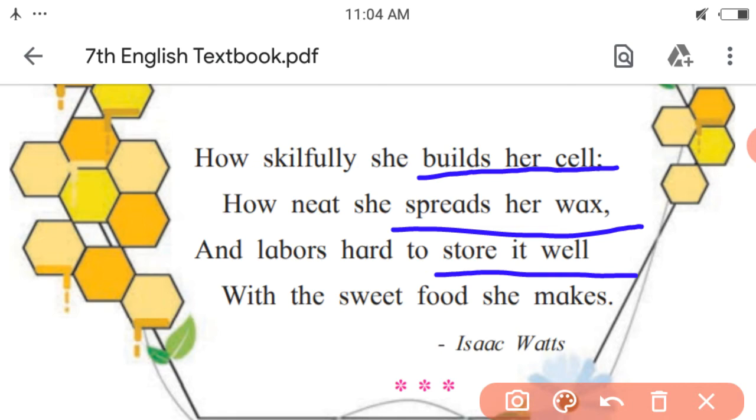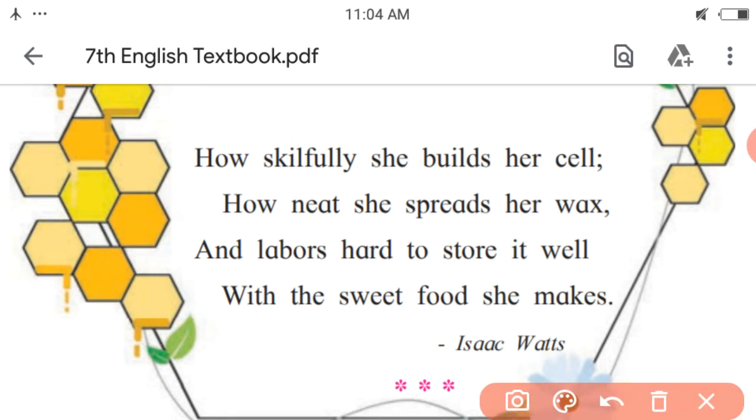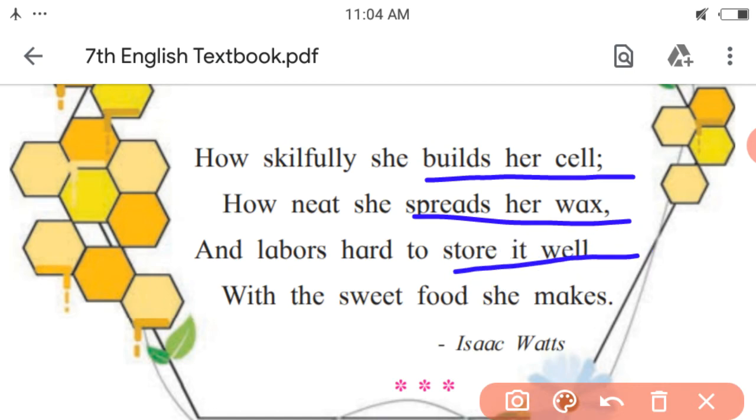So whatever cells are made through the wax, they are just full, they are just filled. How they are filled is given in the next line. And labors hard to store it well with the sweet food she makes. So it is what: honeybees build the cell by spreading the wax and fill the cells with the sweet food.